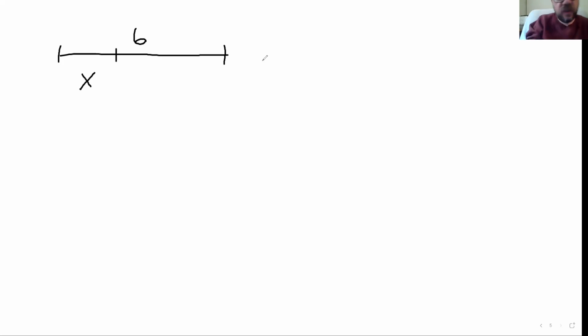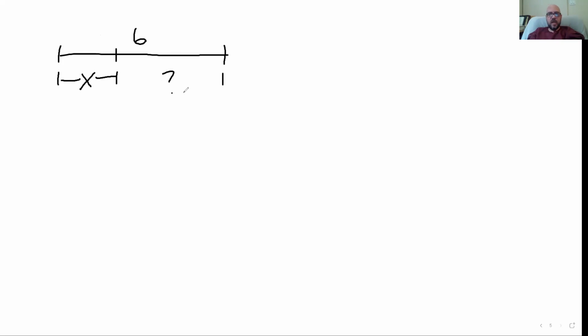Now you want to think, if this distance right here is x, how far is this one? How big is the question mark there? Well, I know that x plus whatever this is has to be 6. So I need some way to think of whatever the rest of 6 is.